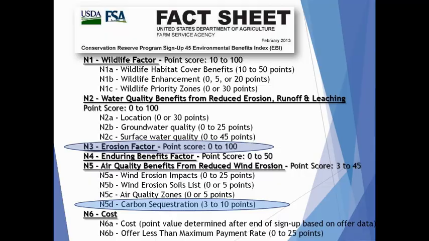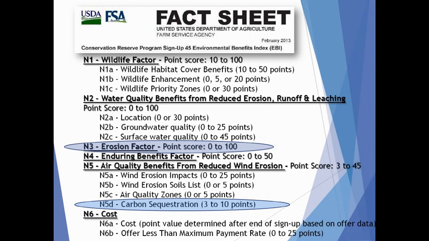So just to give you an idea of where we are on one of the old programs of the federal farm bill, the CRP, the Conservation Reserve Program, started focusing on erosion. That N3 is still there in the latest sign-up sheet, but now erosion is only one of the components that matter.